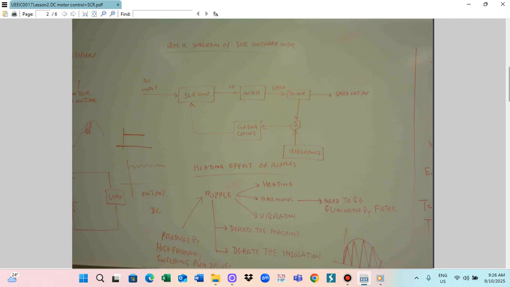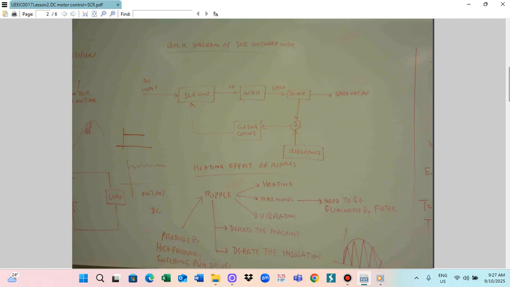The sensor signal is compared with the reference, and the resulting error signal is fed to the gating circuit. This gating circuit is fed to the SCR unit.